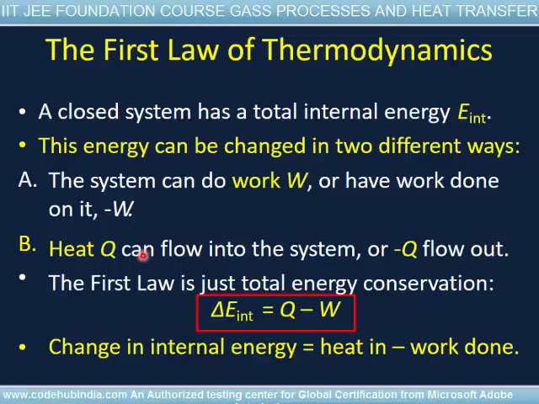Work done by the system is plus W. When the work is done by the surroundings on the control volume, that is minus W. The system has given work to the surroundings. So work done is of two types, plus W and minus W, and heat flow is of two types, plus Q and minus Q. Depending upon those values, we get the change in internal energy that we learned in earlier classes.